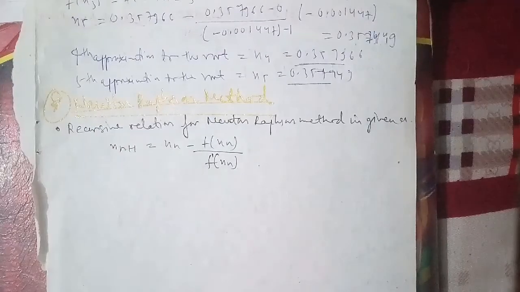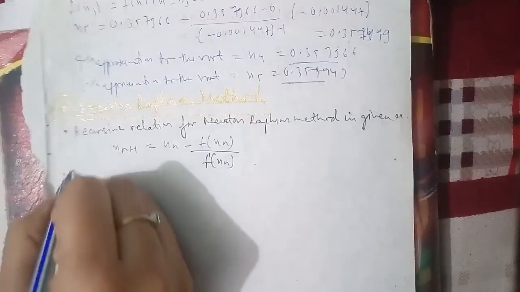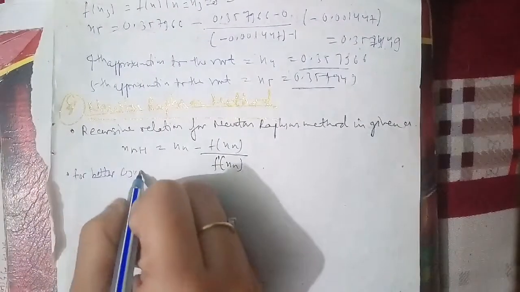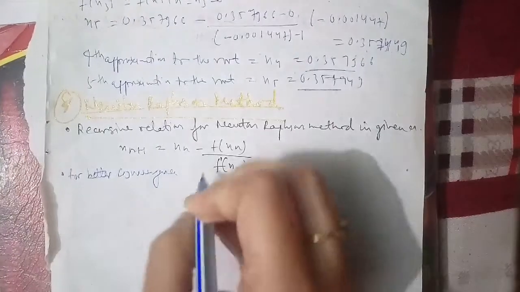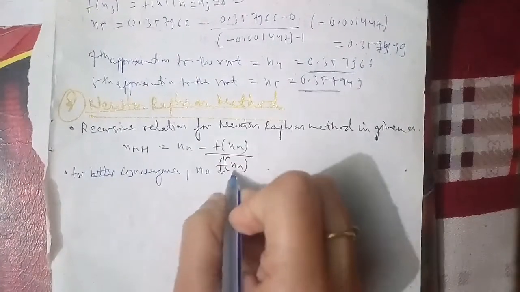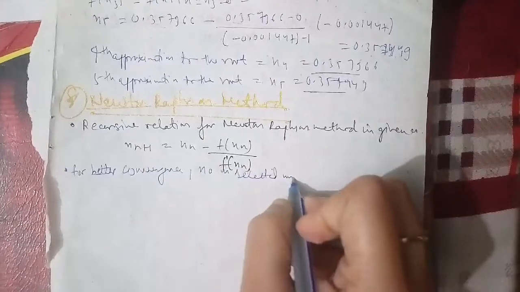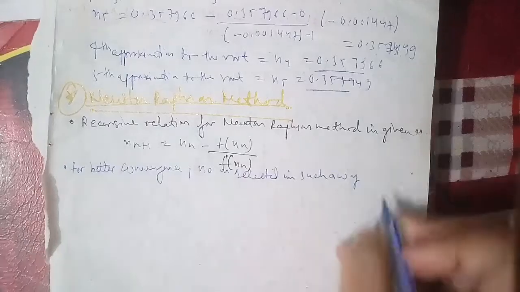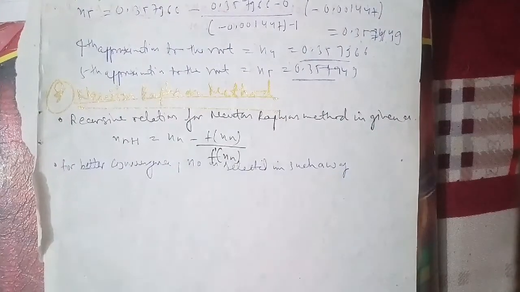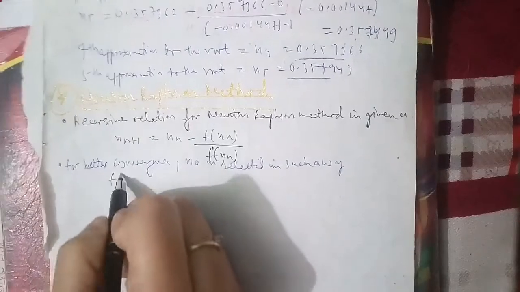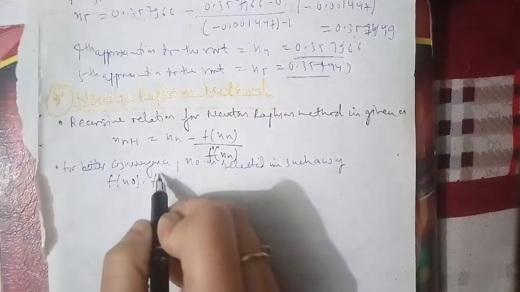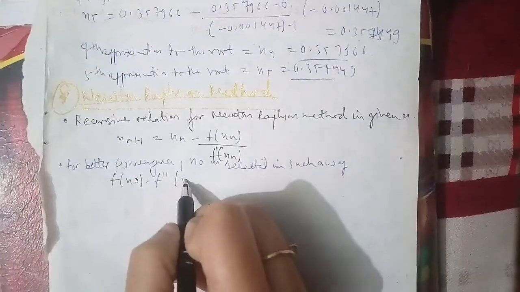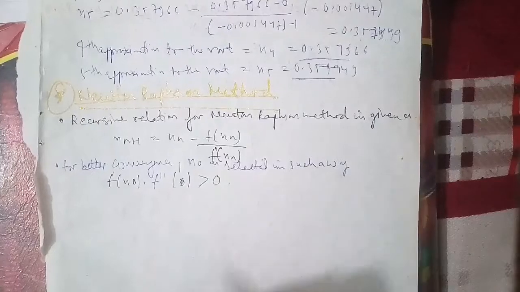For better convergence, x0 is selected in such a way that f(x0) f double dash (x0) is greater than 0.